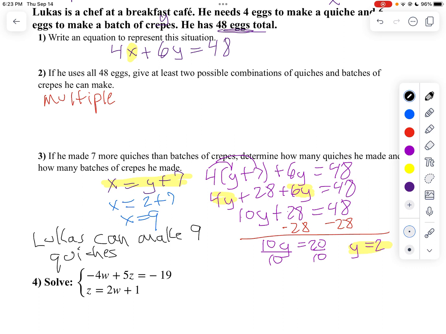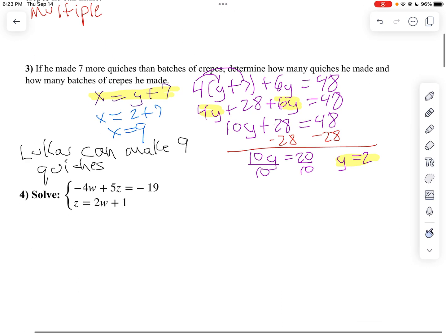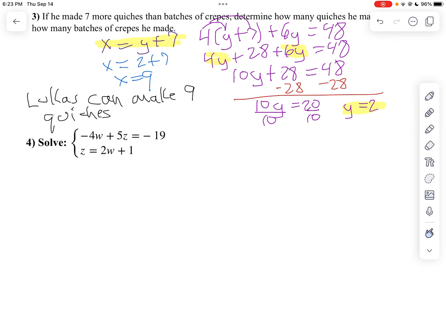Okay, on question number 4, we're going to approach this the same way. And notice z is by itself. So what I think I'll do is replace z in my first equation with 2w plus 1.